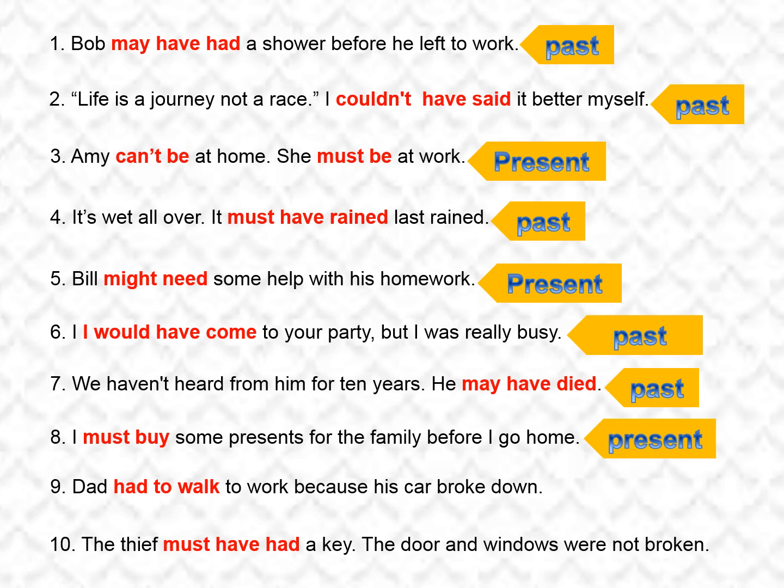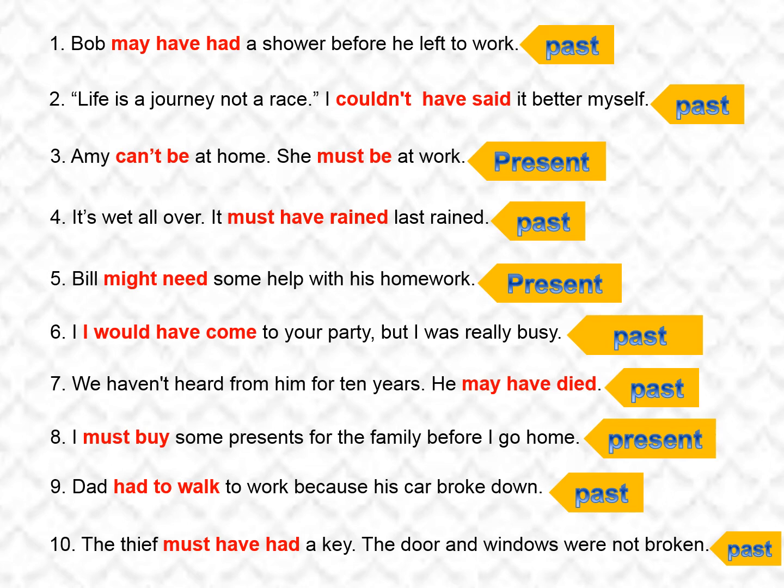So had to is used to talk about necessity and obligation that existed in the past. Number 10, the thief must have had a key. The door and windows were not broken. So this is what? Good, it's a certainty or deduction and in the past. Okay?